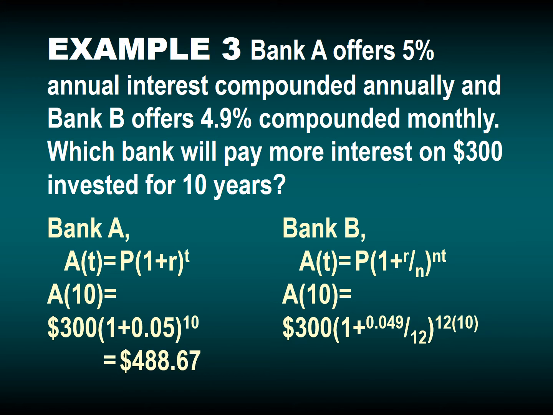And so our formula looks like this: 300 times (1 plus 0.049, which is the 4.9%, divided by 12, which is the number of divisions in the year), to the 12, the number of divisions in a year, times 10, which is the number of years, or t. So that in our calculator ends up being $489.21. So Bank B made us more money even though it was less percent, but because it was compounded more frequently, it made more money for us.